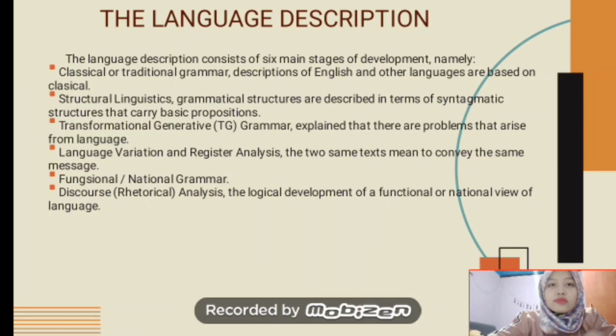Next, language variation and register analysis. The two same texts mean to convey the same message. Next, functional or notional grammar. And the last, discourse rhetorical analysis. The logical development of a functional or notional view of language.